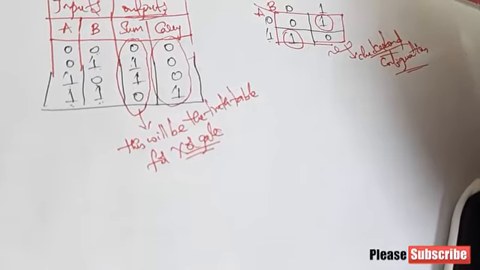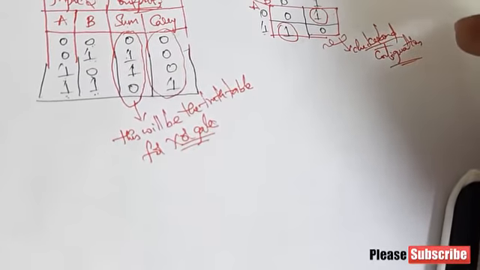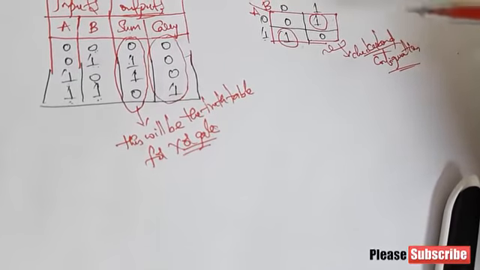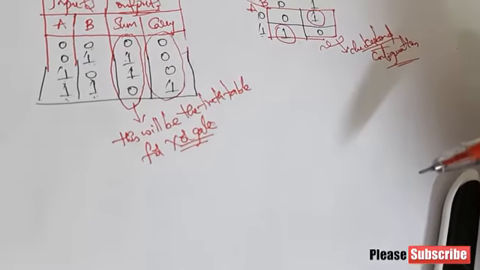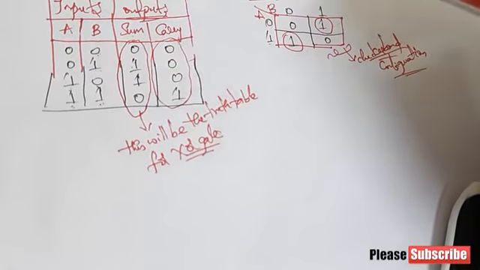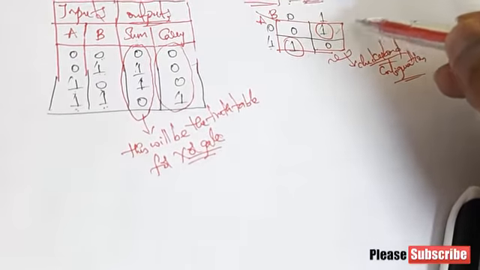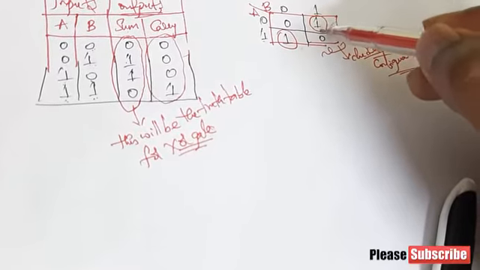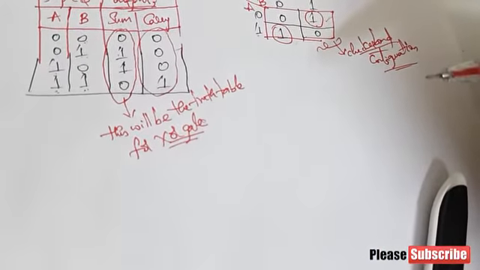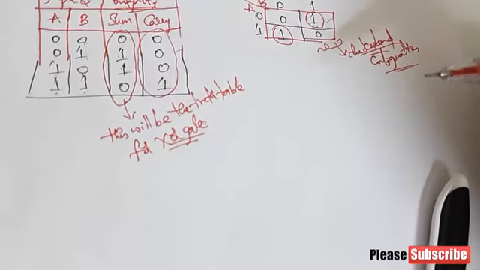You can't get an exact grouping in the K-map. That's the main ideology behind this checkerboard configuration. You will get individual elements. This will be the 1, this will be the 1. You can't get the pair or quad or octet.